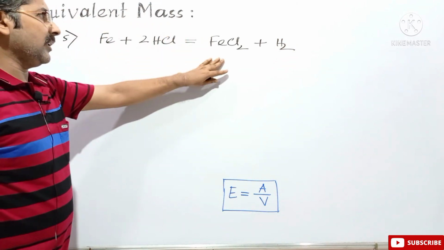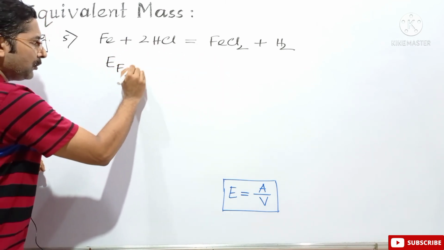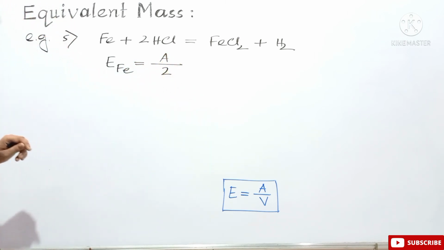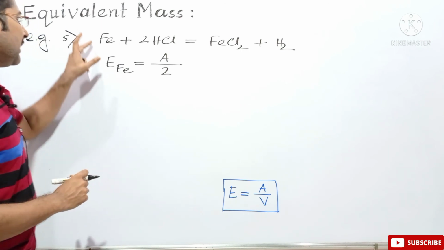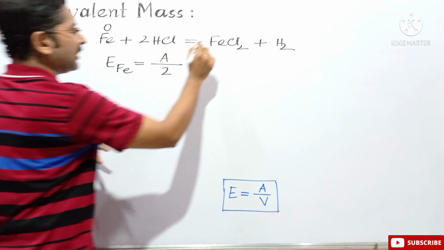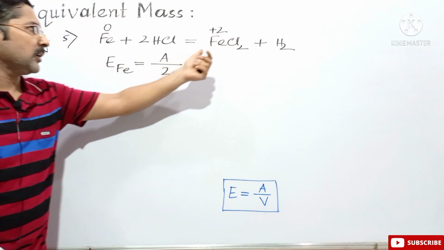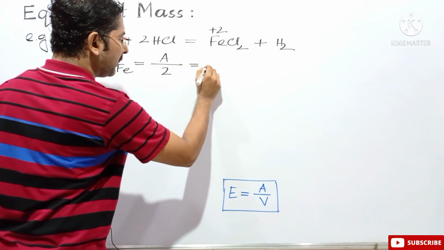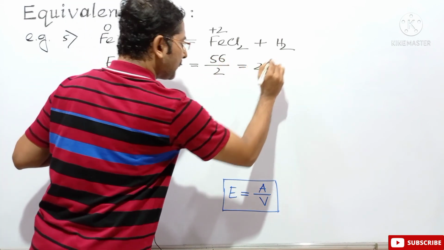So in this reaction, the equivalent mass of iron will be atomic mass divided by 2, because in this reaction Fe, iron, is oxidized from its 0 oxidation state to +2 oxidation state. So here ferrous iron is present, so the equivalent mass of iron is nothing but 56 divided by 2, this is 28.